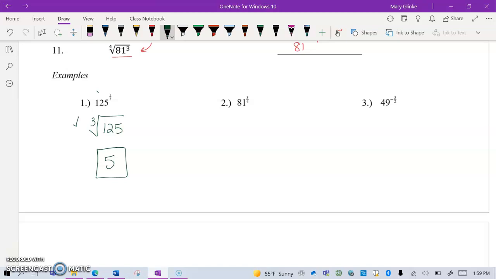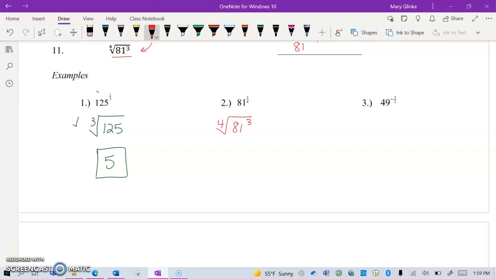Let's take a look at number 2. It's going to be a similar idea. In its current form, we can't do 81 to the 3/4. This is not 27. It's not saying take 3/4 of 81. That's important. What it is saying is take the fourth root of 81 and cube that. Now, you could do this in either order.